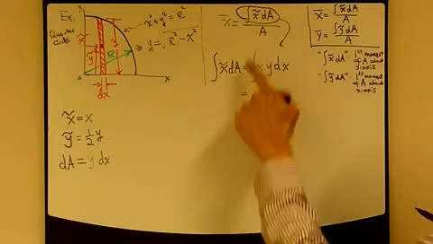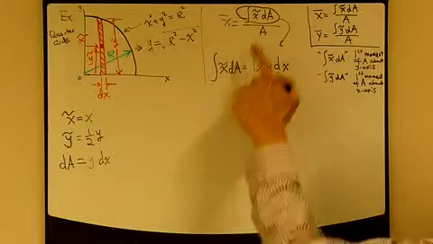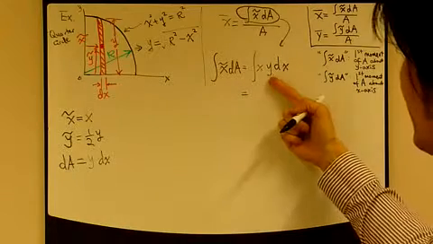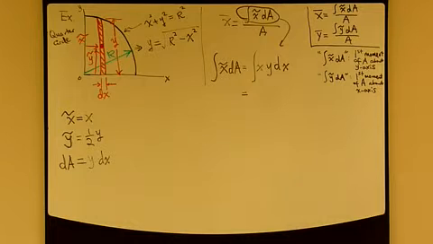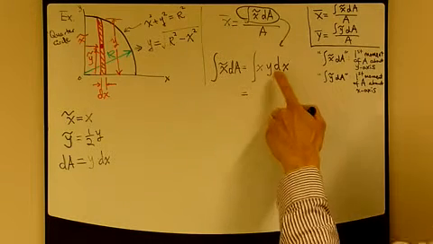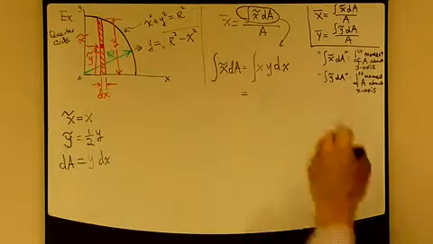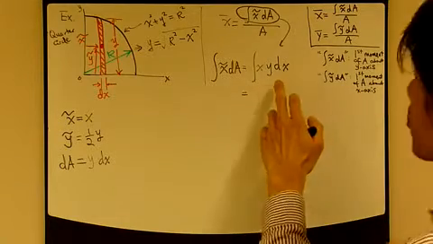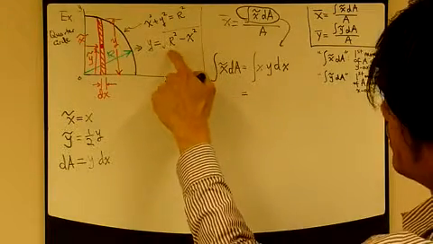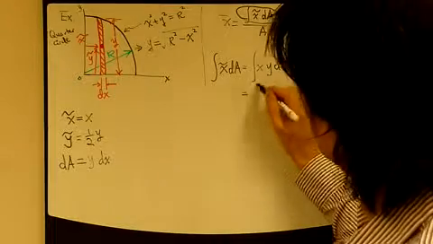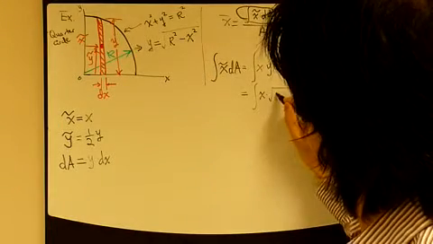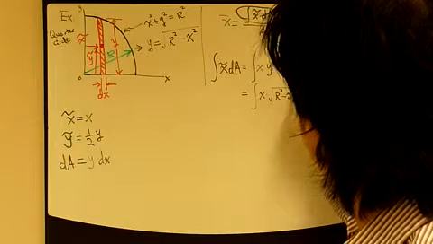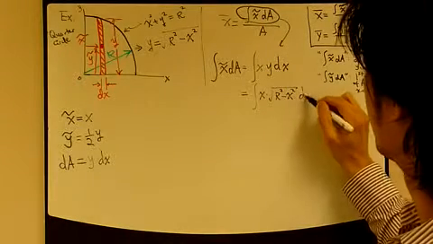Now, in order to carry out this integration, we need to replace y in terms of x, because right now we can't really perform this integration. So I need to bring this equation into here: y equals the square root of r squared minus x squared, dx.